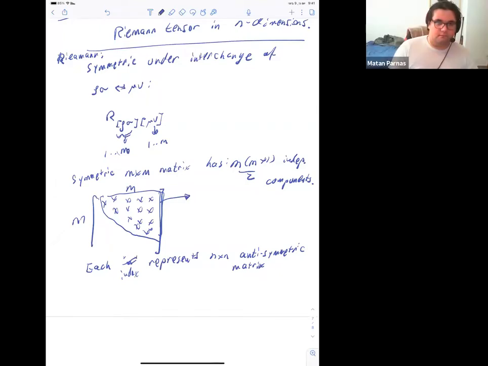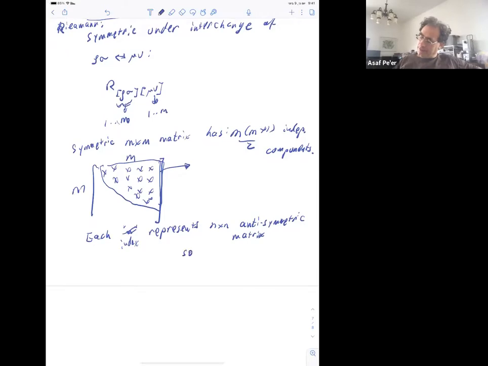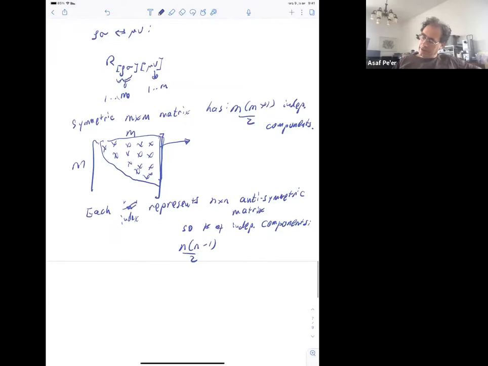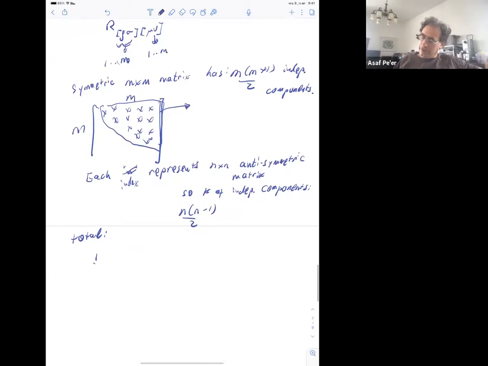So m would be n times n minus 1 over 2. So in total, we have 1/2 times m, times m plus 1, with m equal to 1/2 n times n minus 1.